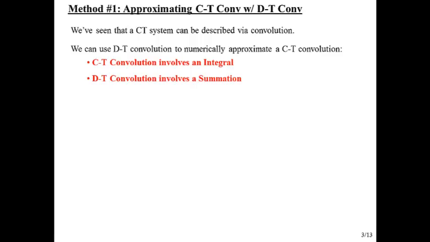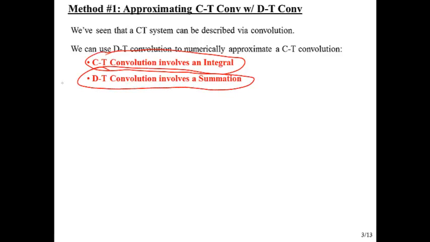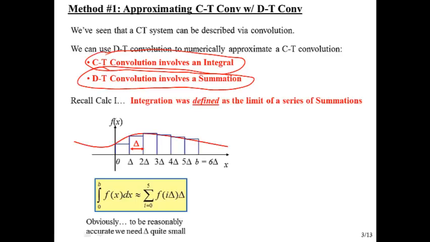So, we've seen that a continuous time circuit involves the convolution that uses an integral in theory, and we've seen that a discrete time convolution involves a sum. And so it's not surprising, given that you learned in Calc 1 how you get to an integral is by starting with summations and then taking a limit.